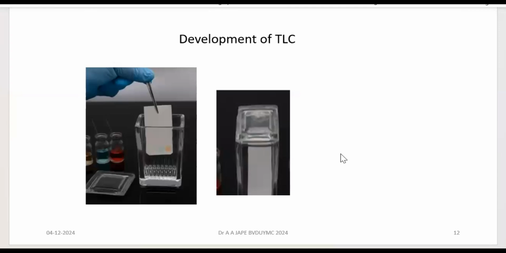The solvent should be removable from the TLC plate, or the paper if it is paper chromatography, without taking it to very high temperature. So the solvent system should be stable also.